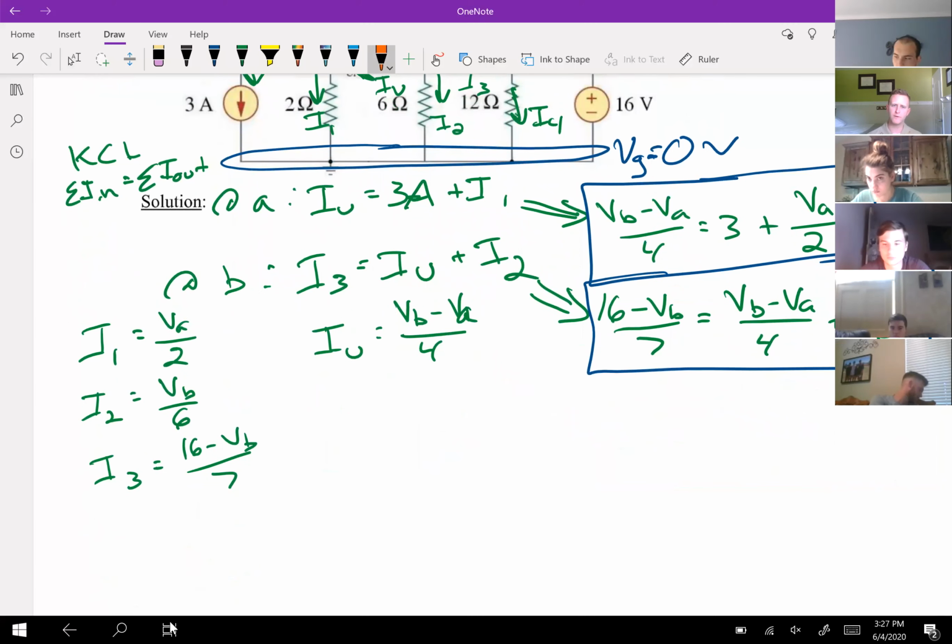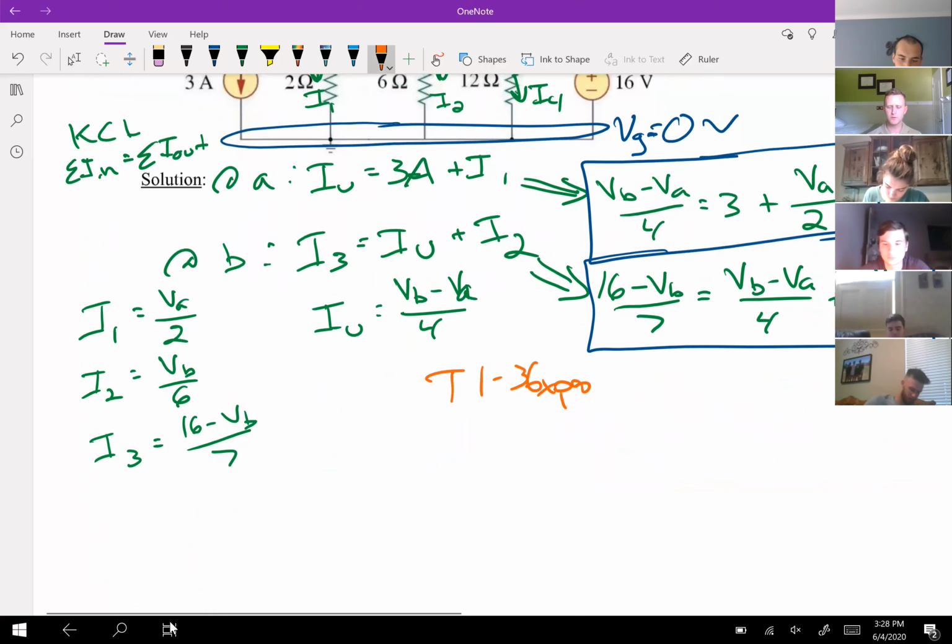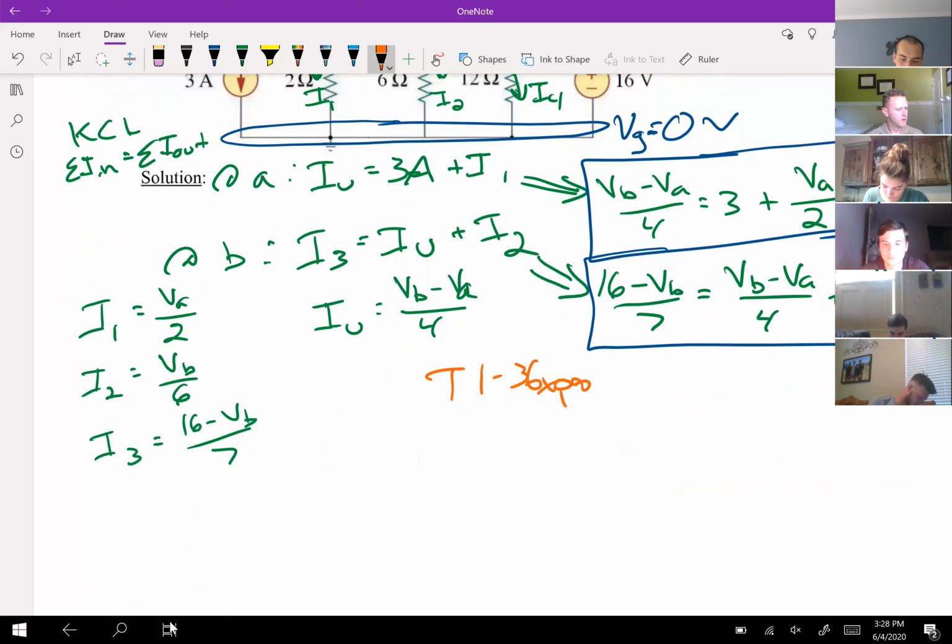I'm going to write it now if you have the TI-36X Pro. The way that you're going to set this up is you're going to use second, and the term is called syssolve. It's right above the tangent button. So if you hit second and you hit the tangent button, it gives you syssolve.